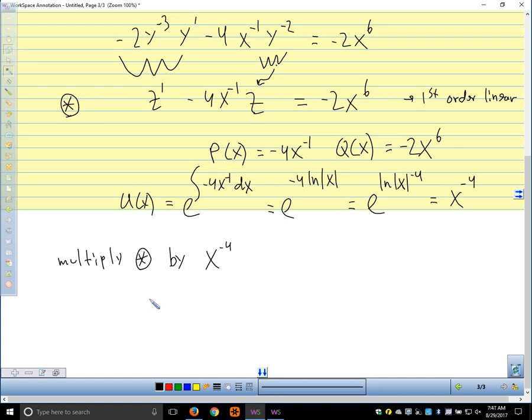So I get x to the minus 4 z prime minus 4x to the minus 5 z equals minus 2x squared.